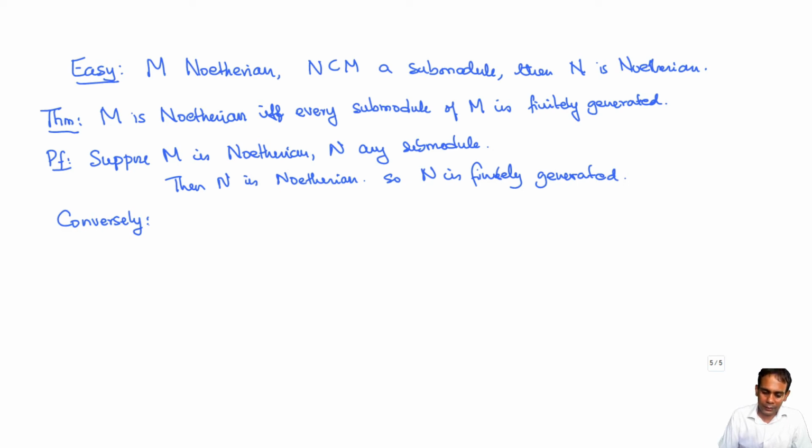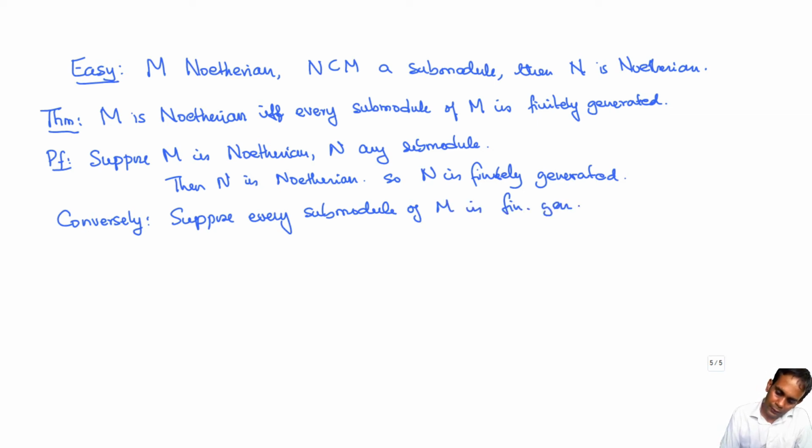So let's start with an ascending chain. Suppose every submodule of M is finitely generated, and let M1, M2, M3, ... be an ascending chain.